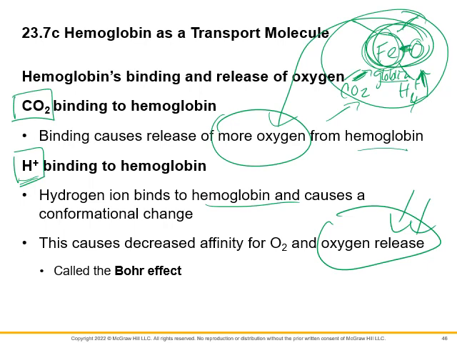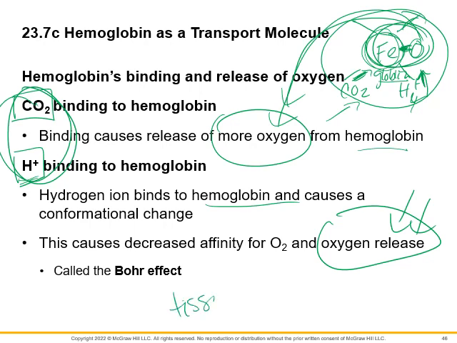So this affinity is decreased and it causes oxygen to be dropped off. So in both cases, if CO2 and hydrogen attach to the globin, it causes the oxygen to be released from the iron group.